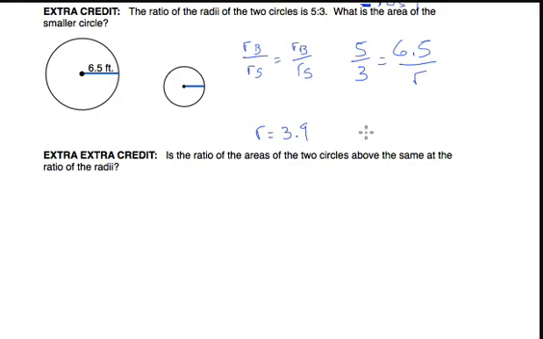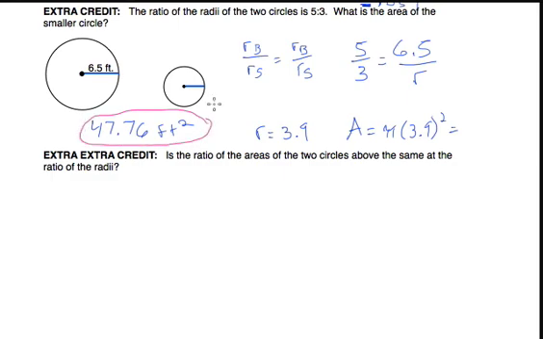I'm finding the area of the small circle, so the area of the small circle equals pi r squared, so that's 3.9 squared, which equals 3.9 times 3.9 times 3.14, and that equals an area of approximately 47.76 square feet. And there's our answer right there. 47.76 square feet.